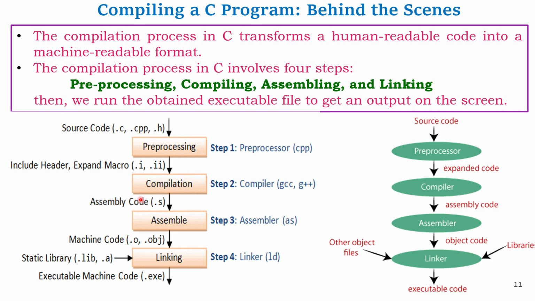The file created after successful compilation has an extension .s. Similarly, after the file is successfully assembled, the file created will have an extension .o or .obj, and once the file is linked, the final file created will have an extension .exe.